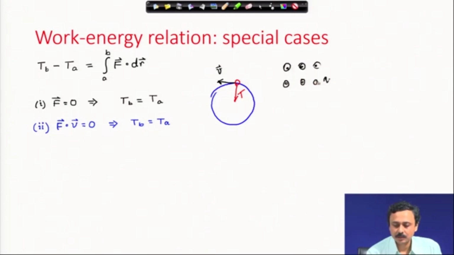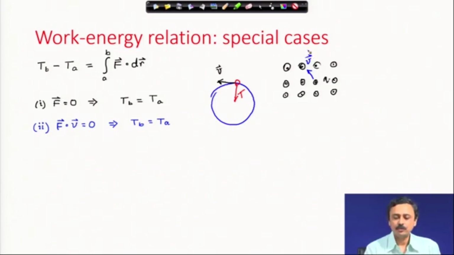So, this is our positive charge and there is a magnetic field which is coming out of the plane of the screen, and this charge is given a velocity.